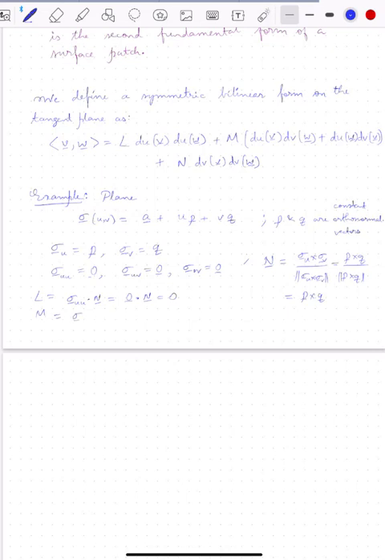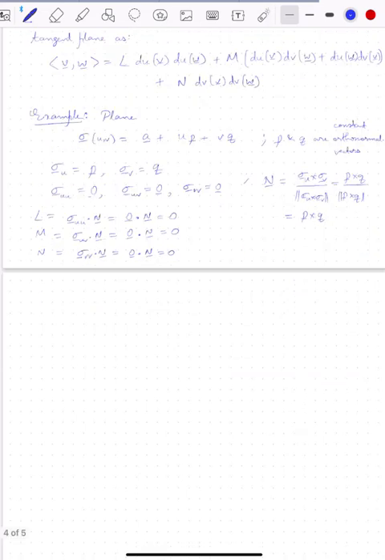Likewise, M is sigma UV dot N vector. Here also the same thing applies, we have 0 dot N vector, and this also gives us 0. Finally, N is sigma VV dot N vector, which is also 0 dot N, which is 0. So the second fundamental form of a plane is simply 0.